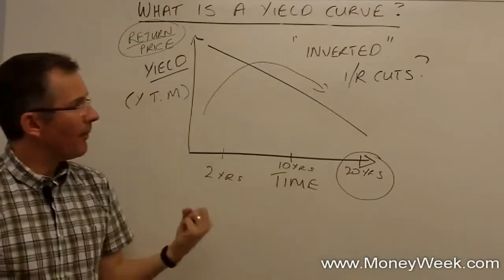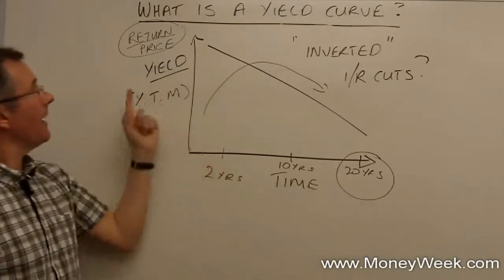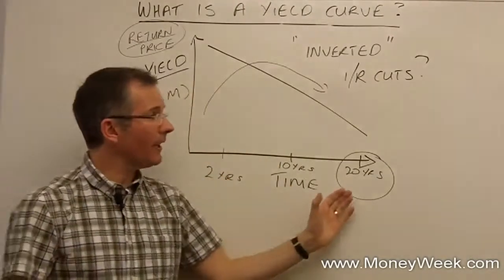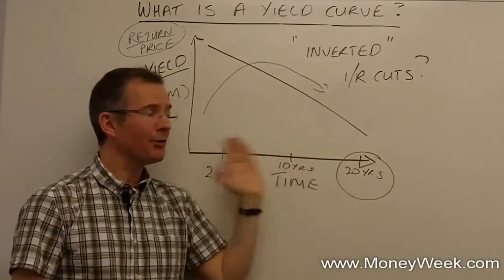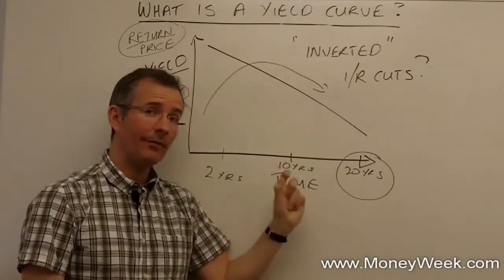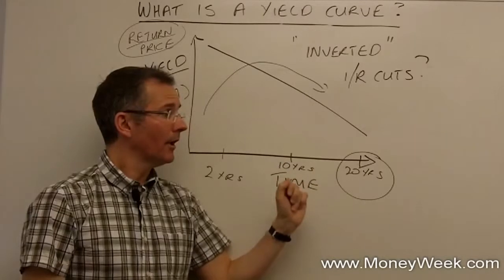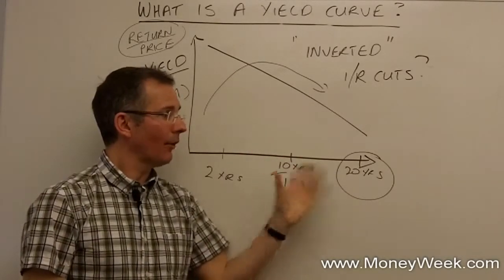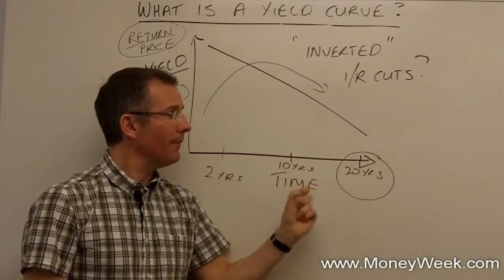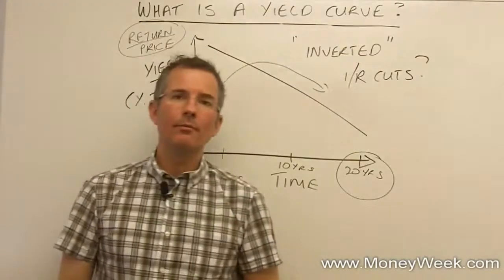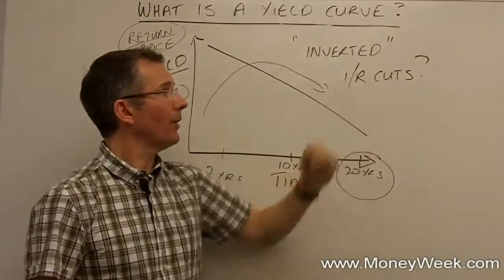So if people start piling in to long-term government debt, price rises, yield gets squashed, and they're doing it because they're thinking, well, in an environment of central banks cutting interest rates, I want the high fixed relatively safe yield on a government bond. Okay, so almost I'm prepared to overlook the fact that I'm locking my money up for longer in the search for a decent coupon. There are other reasons too. That's just one, but that's one reason.